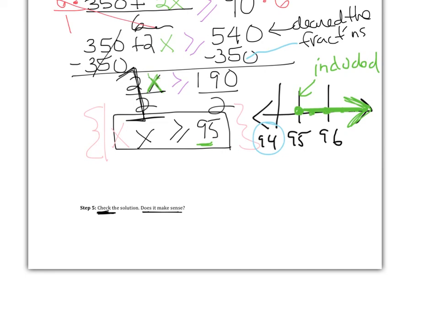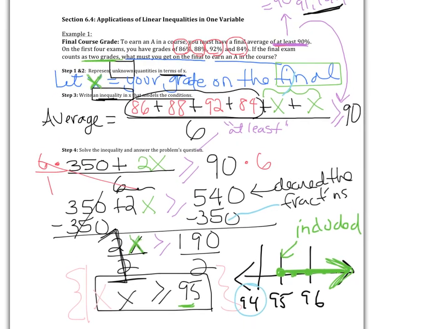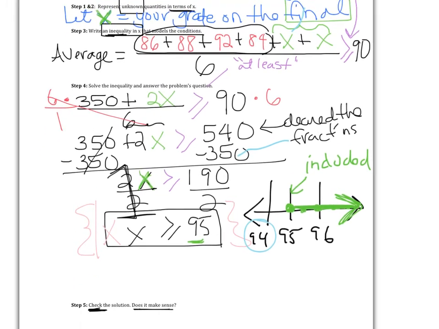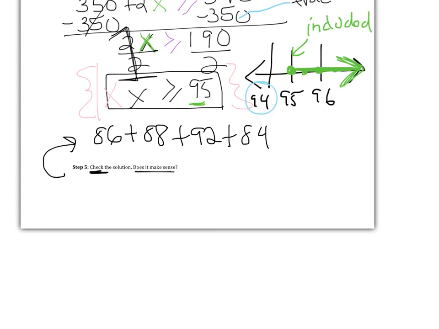Okay, what was our average? Our average was this guy above. We have the four red values. So I'm going to write that out. We had 86, so I'm starting the check up here: 86 plus 88 plus 92 plus 84. And then what did we just get? Well, it's got to be at least a 95. So let's just say you got a 96 on your final.